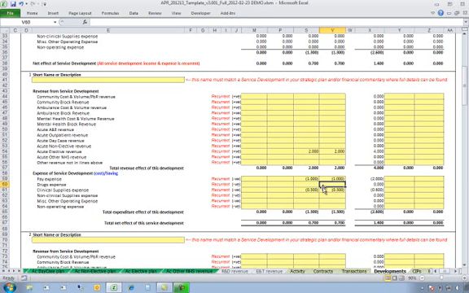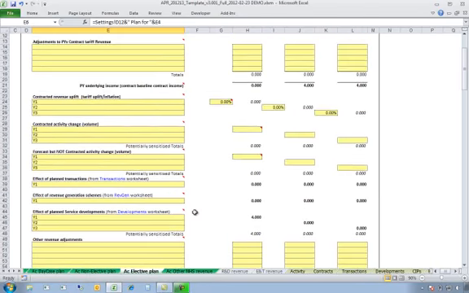Right, so this effectively shows you a 4 million increase in annual income recurrent, and a 2.6 million increase in annual expenditure. And this acute elective revenue will feed through to the acute elective plan sheet, and you'll see the effect of service developments.